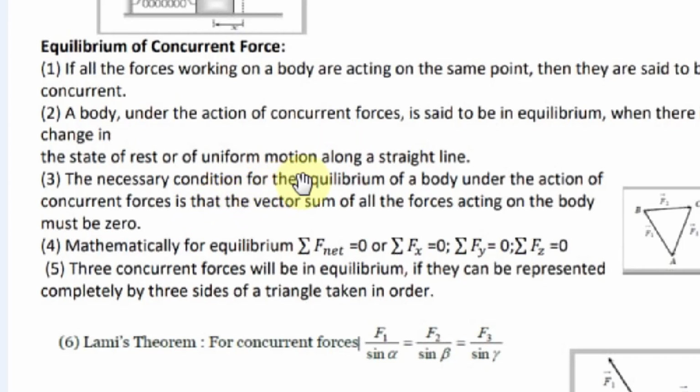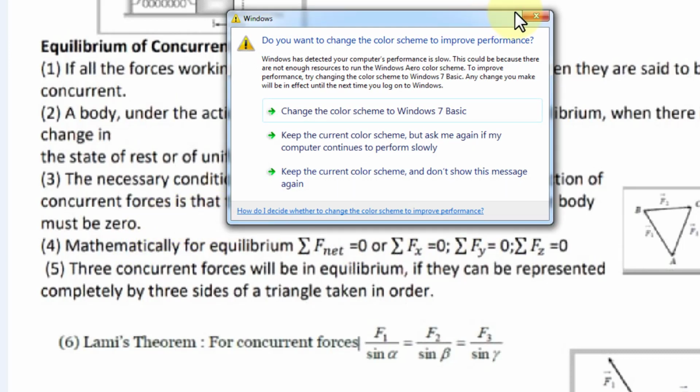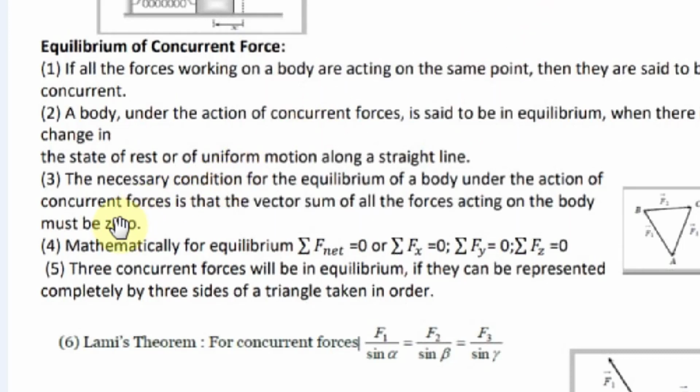The necessary condition for equilibrium of a body under the action of concurrent forces is that the vector sum of all the forces must be 0. If the vector sum of all the forces is 0, then only the body will be in equilibrium. If the body is at rest, it will not change its position, and if the body is in uniform motion, it continues.